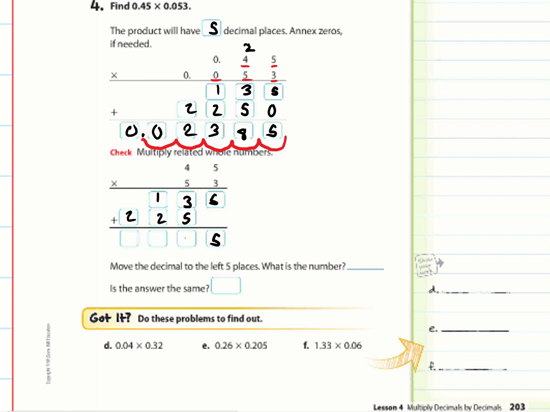So it's going to be 5, 8, 3, 2. It says move the decimal 5 places to the left. What is that number? It's going to be the same one as before. Is it the same answer? Yes, it is. Get a little decimal and the 0.